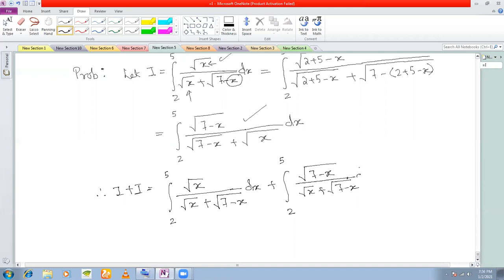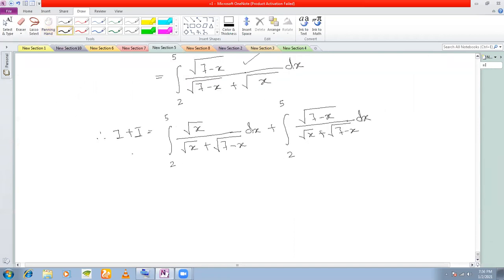Now combine the two integrals, just as we had done in the last problem. It becomes 2 to 5 root x plus root 7 minus x divided by root x plus root 7 minus x dx.